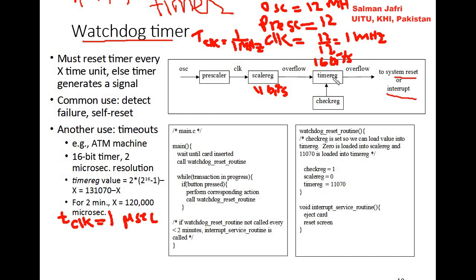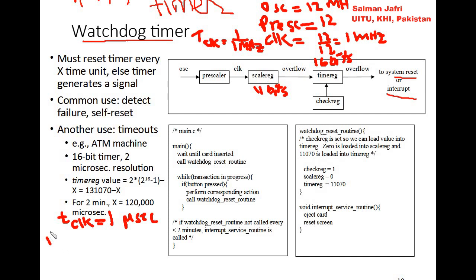Okay. So now if we want to find out the range of scale register, what would be the range of scale register? Range of scale register would be 2 raised to power 11 into this T clock, which is basically the resolution of the scale register.